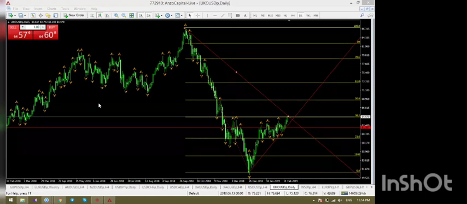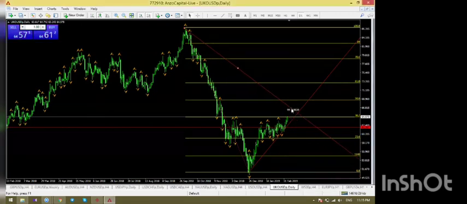I want to know how did you draw the trend line? I connected the swing high to another swing high. Please click on it to activate it. Okay, good.